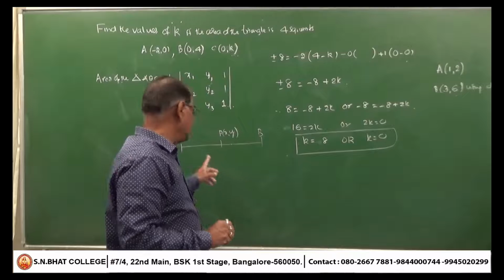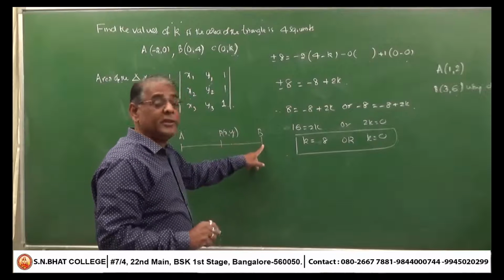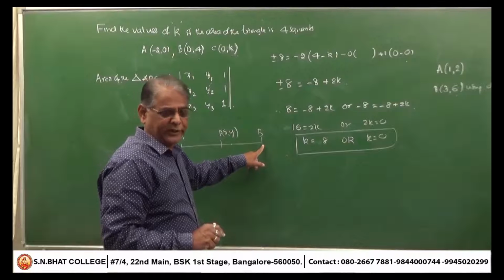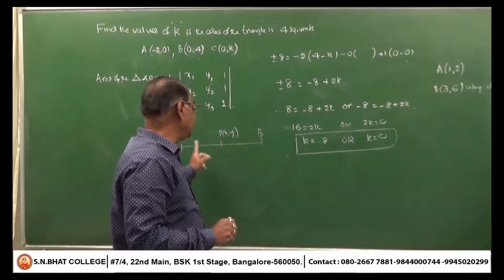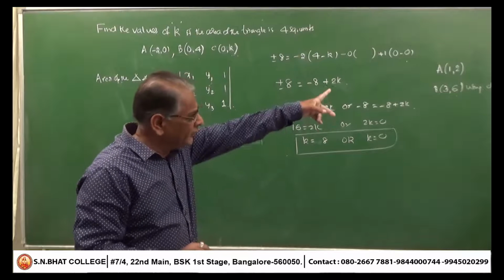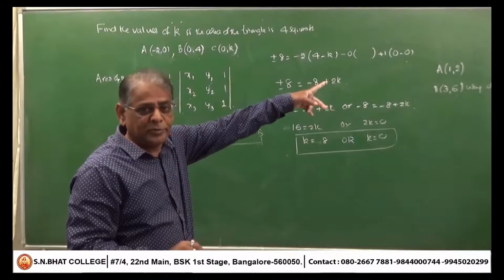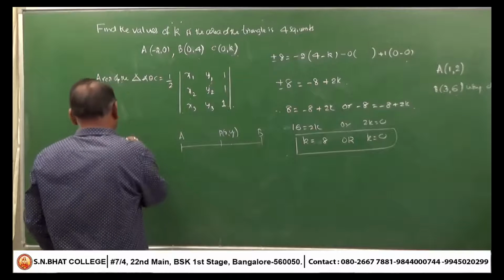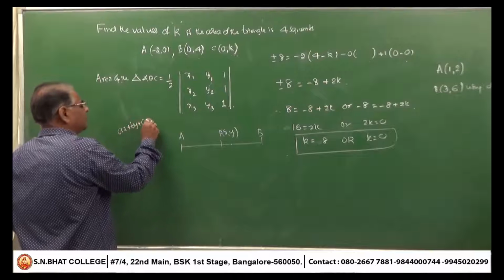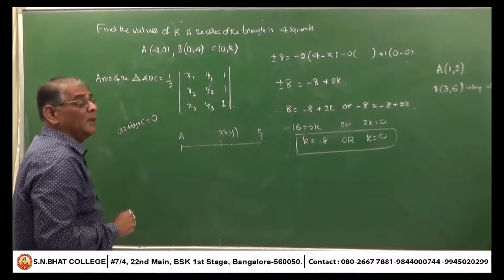If the area of the triangle is 0, then the 3 points lie on the same line, and then you will get the equation of a straight line. A, P, B are collinear. But in the question only 2 points are given. And the equation of the straight line is of the form Ax plus By plus C is equal to 0.